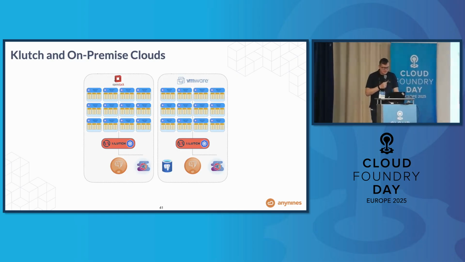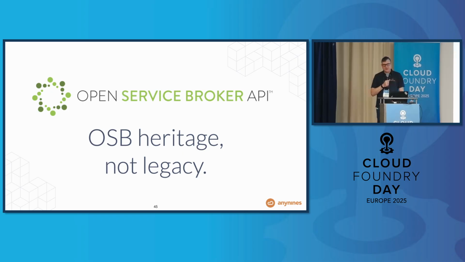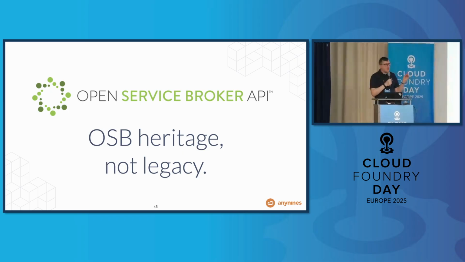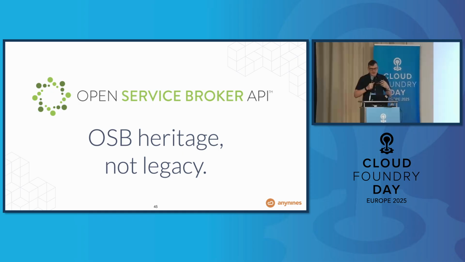Well, it works across infrastructures. I said that. And the abstractions are basically looking at the Open Service Broker API, asking, well, what was good in the Open Service Broker API, and just take it as a heritage.